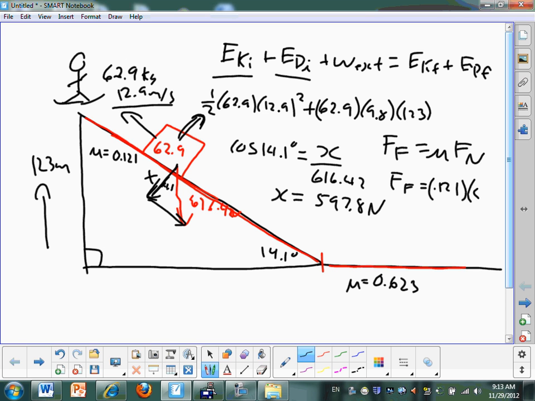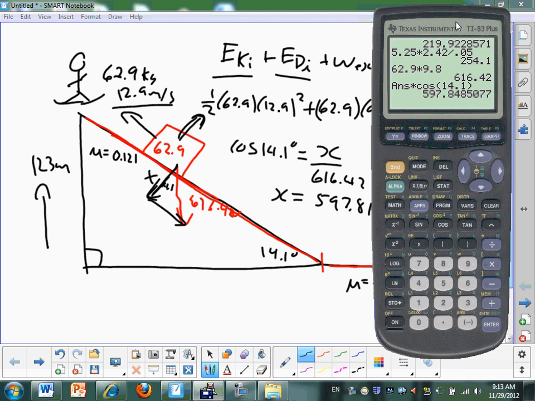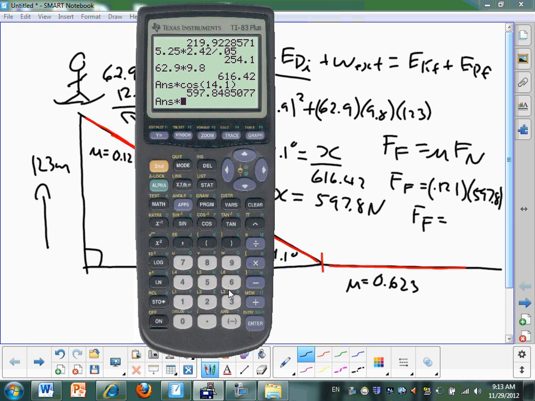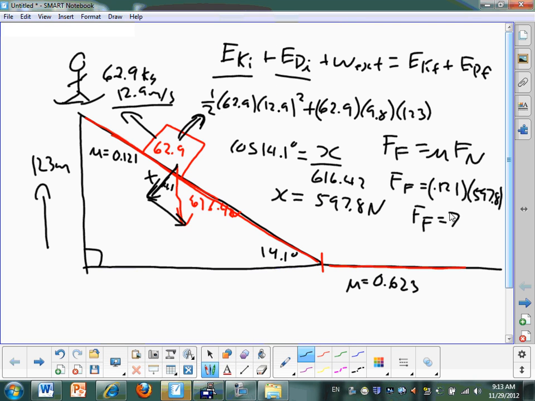My force normal is 597.8. Therefore, my force friction going down the incline is going to be 72.3 newtons.